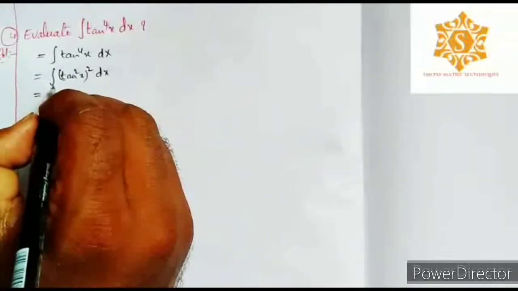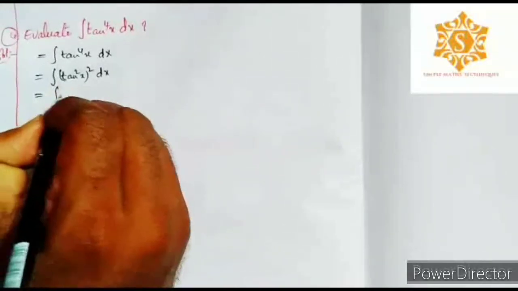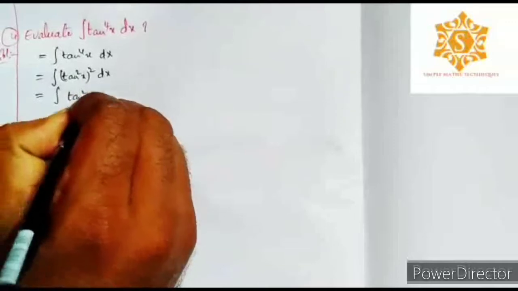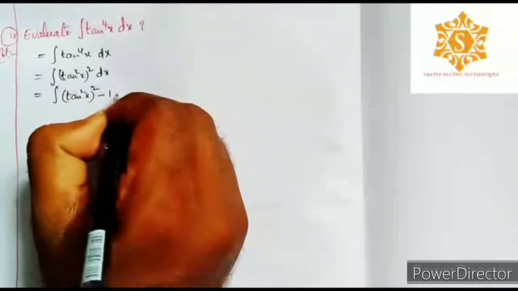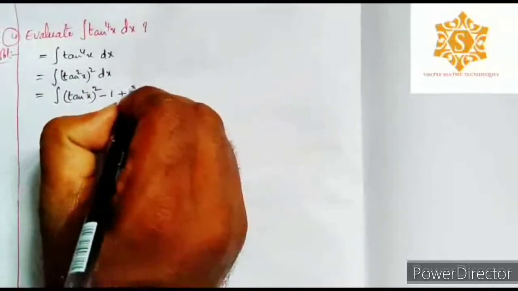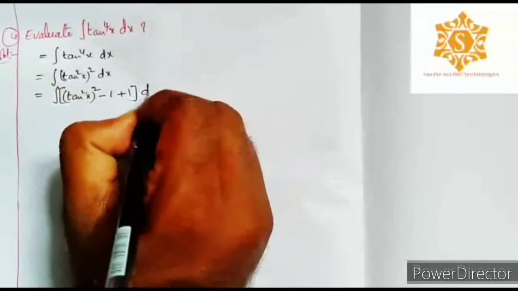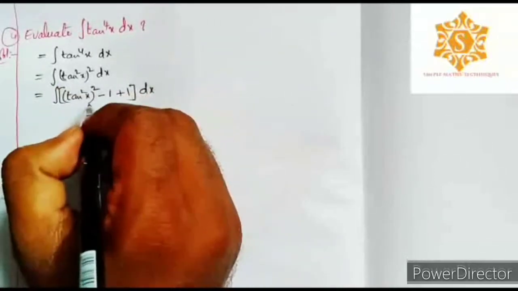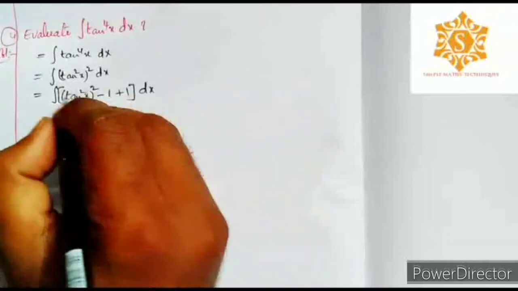Now add minus 1 and plus 1 to this, you can write tan square x whole square minus 1 plus 1 whole dx. Here minus 1 plus 1 cancel, remaining we get tan square x whole square.